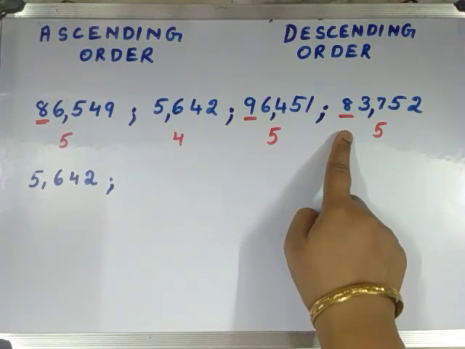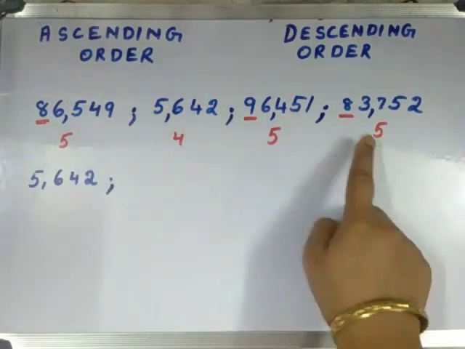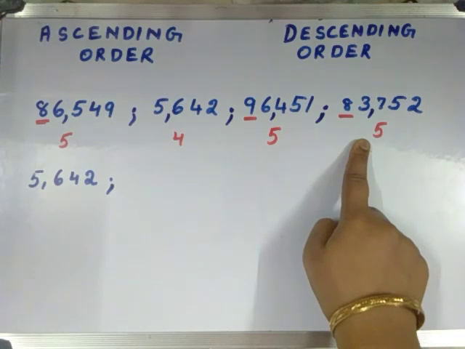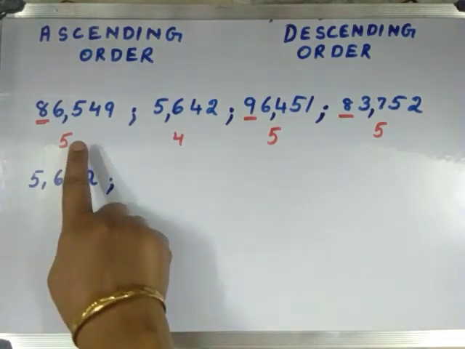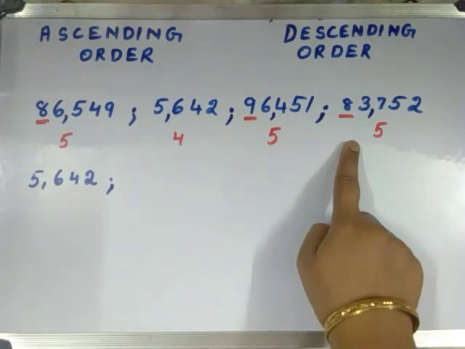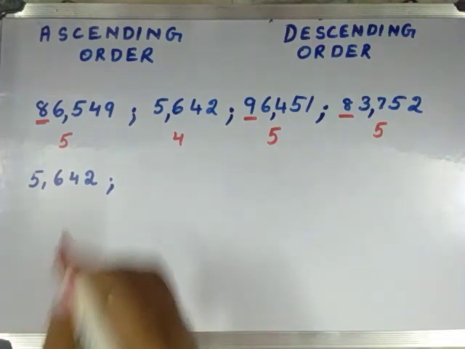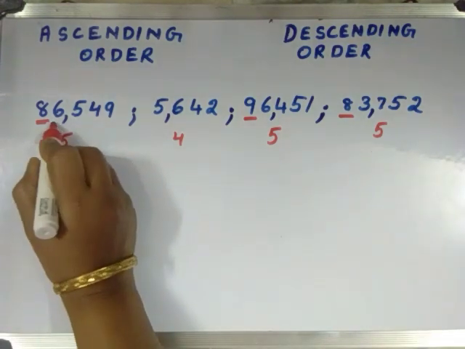But here we have two numbers which have the first digit as 8. So what is the next trick? If the first digit of the numbers is the same, then we compare the second digit.